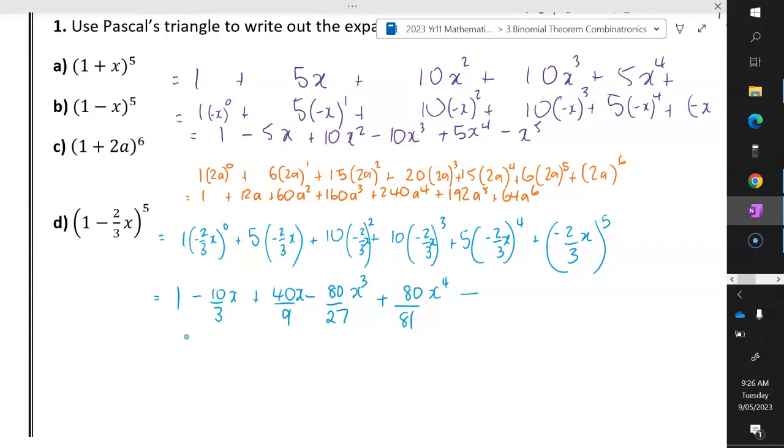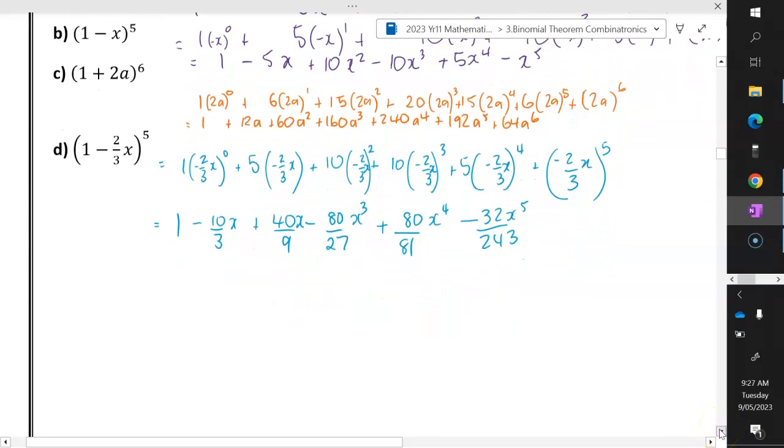So we're going to have 2 to the power of 5, which is going to give us 32, x to the 5, and 3 to the power of 5 on the bottom is going to give us 243. That's our answer. Again, they're not that tricky. I think there's a lot of room for error in forgetting little bits out in those ones.